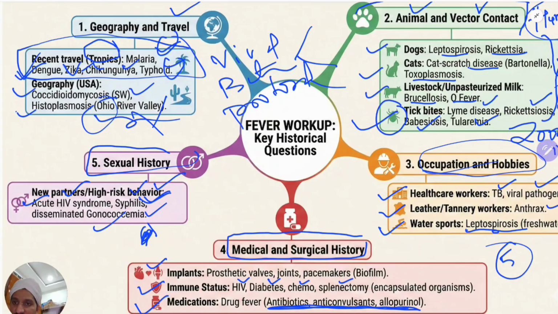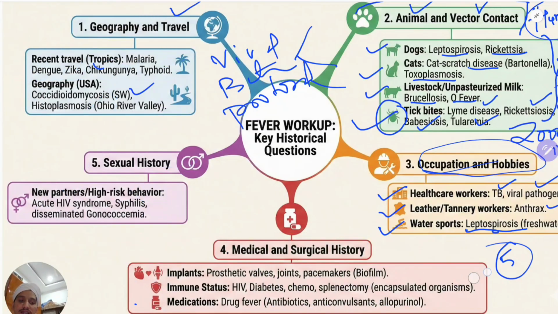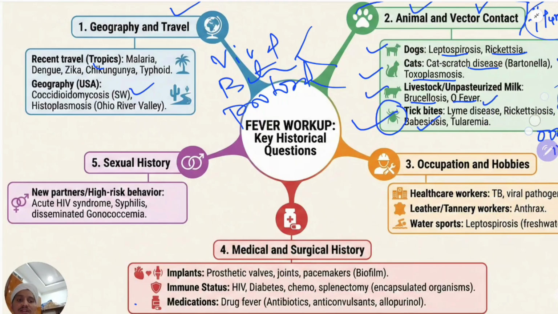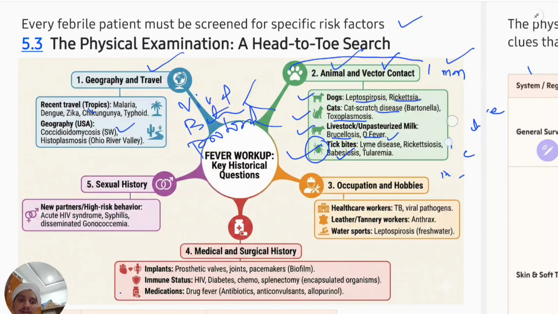Three things, sexual history. So these are the five things in the exposure history which are important to obtain from the patient. And usually this high risk patient will have a rash or ulcer on their genitalia.